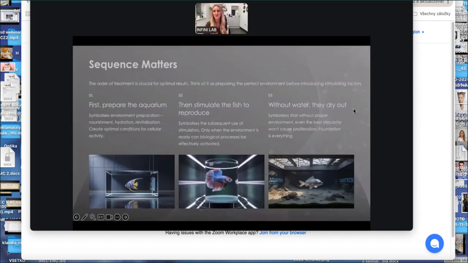So when we transfer this to our tissue, remember our fibroblasts are suspended in extracellular matrix. And first, what we have to do, we have to make our extracellular matrix really good. The quality, we have to level it up. We have to hydrate the tissue.